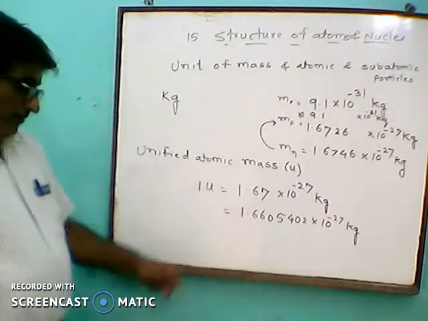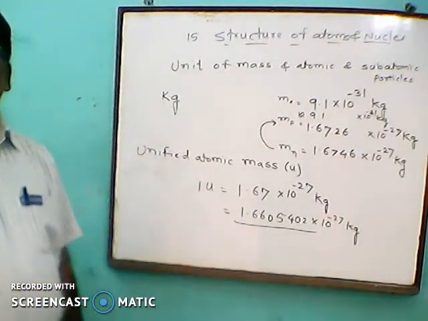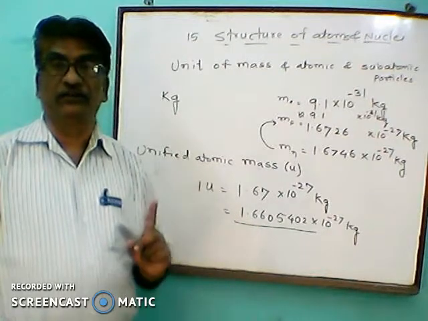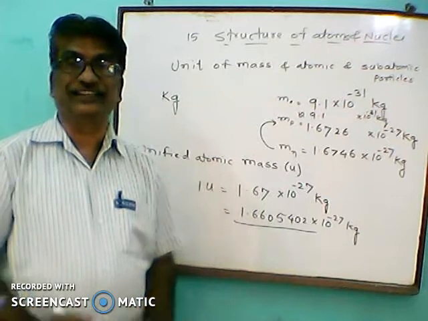For calculation purposes, we can take the approximate value 1.67 into 10 to the power minus 27 kg.